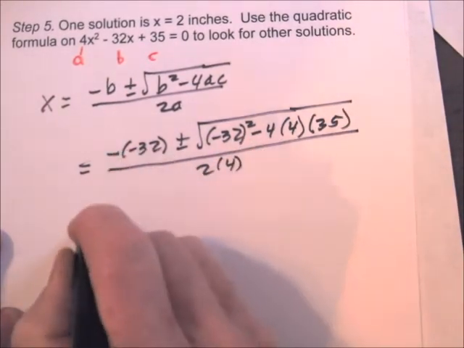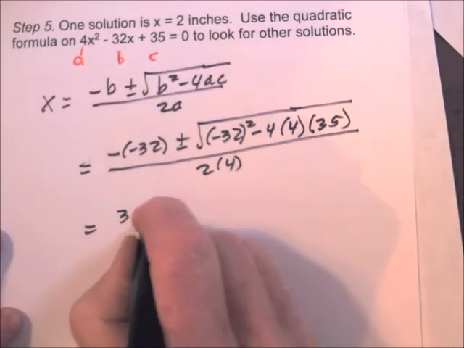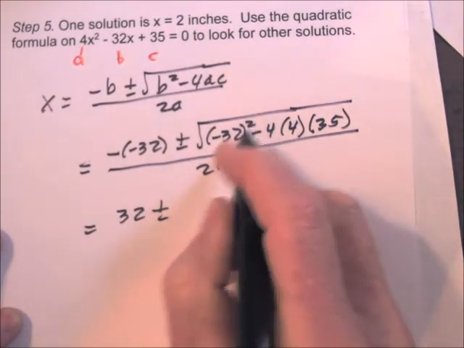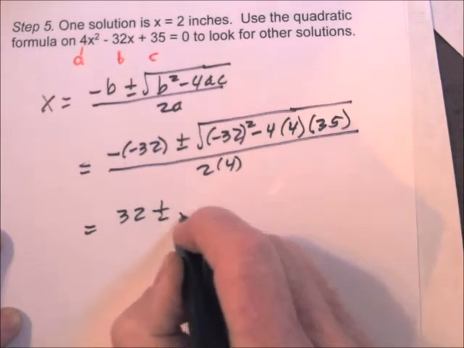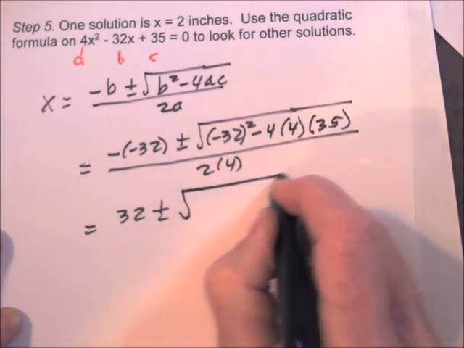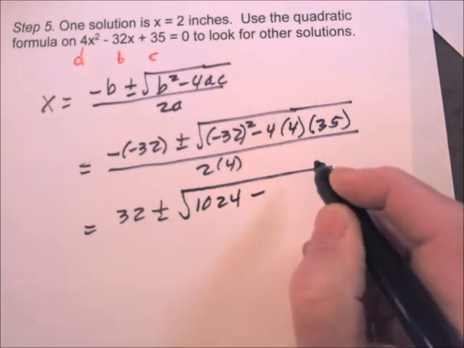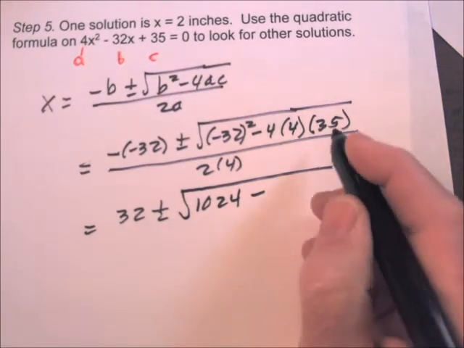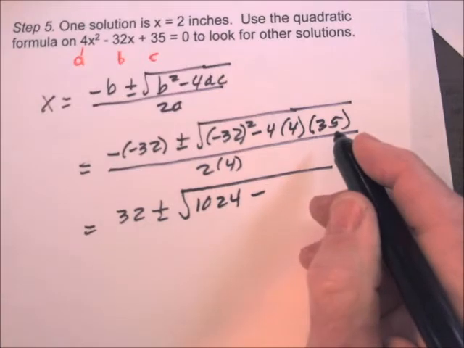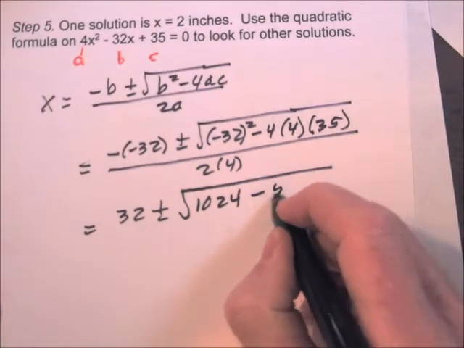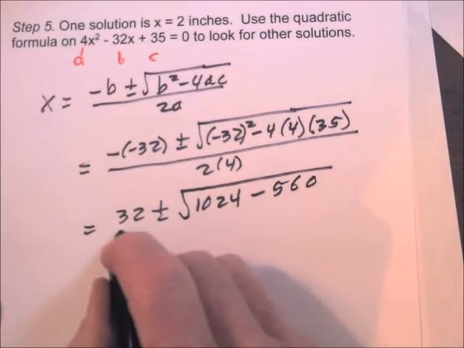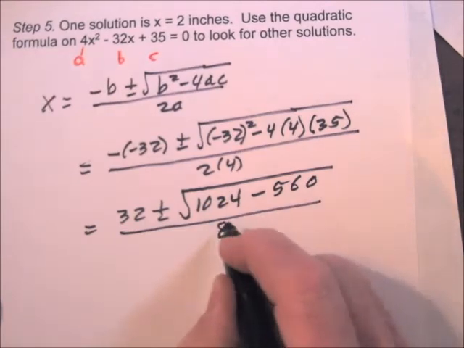So double negative is positive, so this will be 32 plus or minus. Negative 32 squared is positive, so negative 32 times negative 32 is 1024, and 4 times 4 times 35 is 560, all over 2 times 4, which is 8.